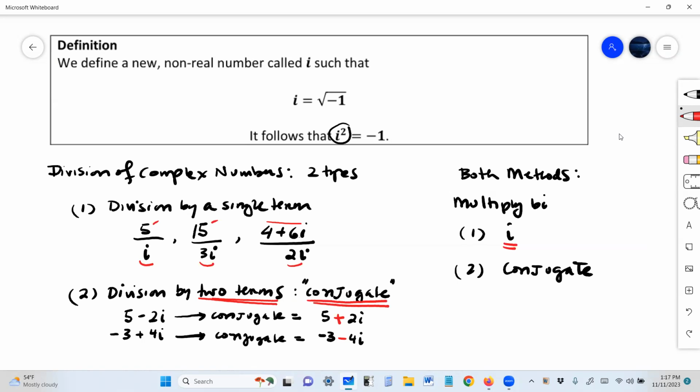The conjugate is, as you see here, if I have a term that is 5 minus 2i, the conjugate of that is 5 plus 2i. If the term is minus 3 plus 4i, the conjugate would be minus 3 minus 4i. So the conjugate is pretty much the same two terms, but with the opposite sign in the middle.